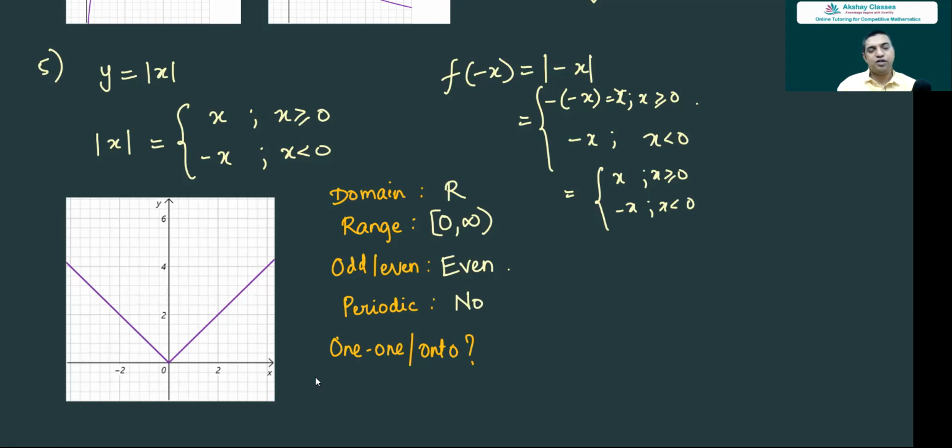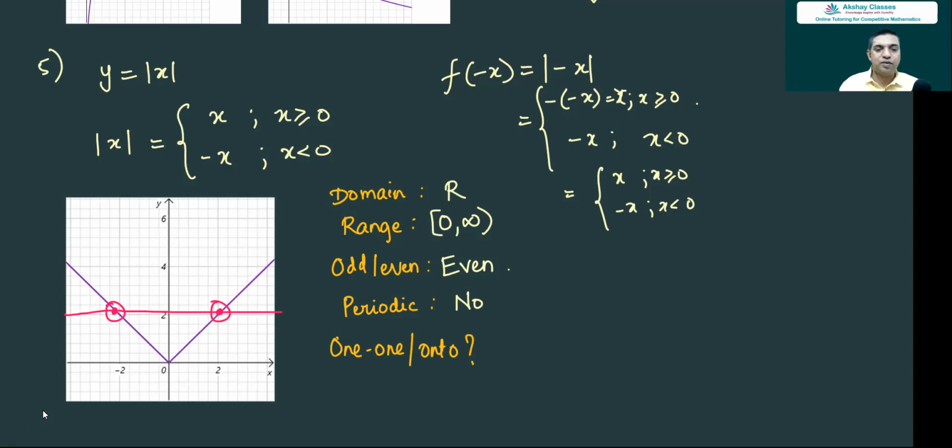What do you say about 1-1 and onto? Not 1-1. Very good. Why is it not 1-1? Because you can draw a horizontal line, and there are two values of x which will give you the same value of y.